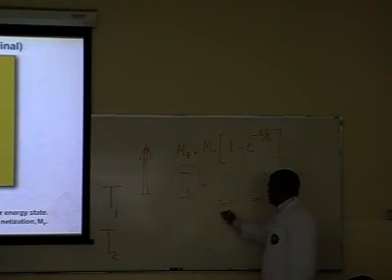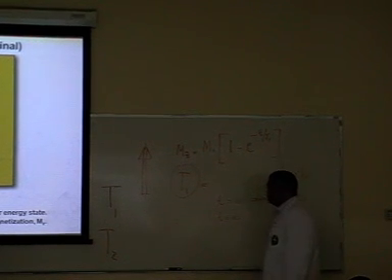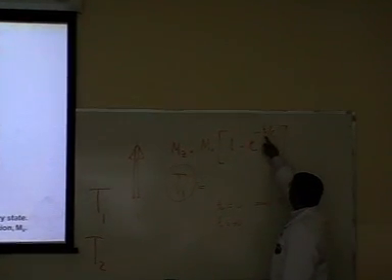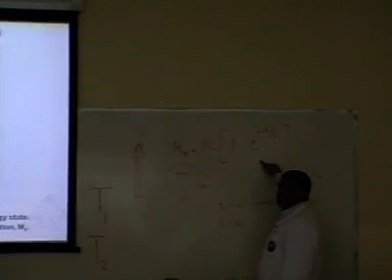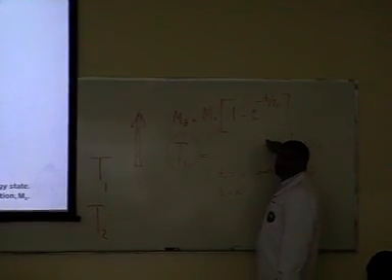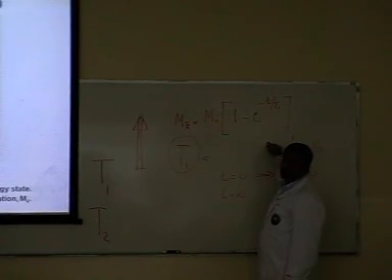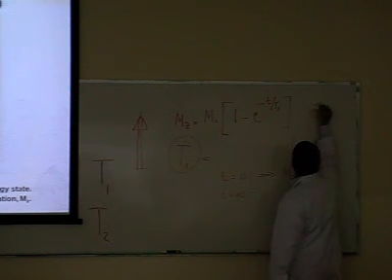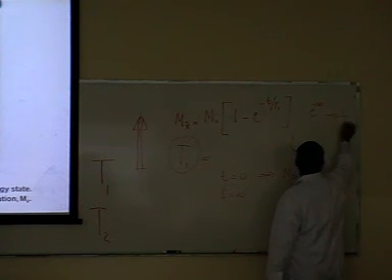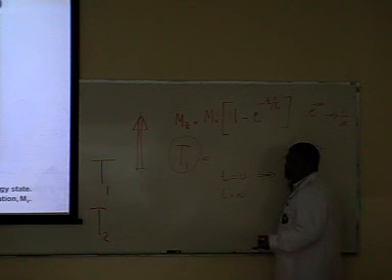What happens when t goes to infinity? When t goes to infinity, this is e to the power of minus infinity, which is simply 1 over something to infinity. 1 over infinity is 0.